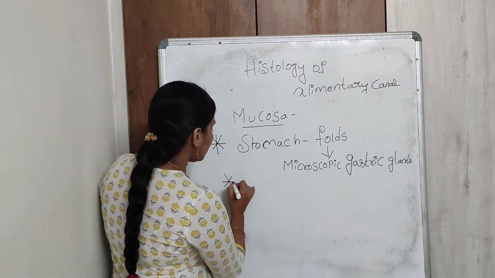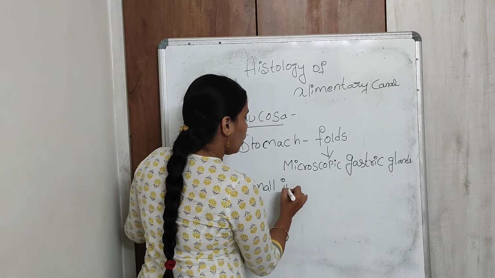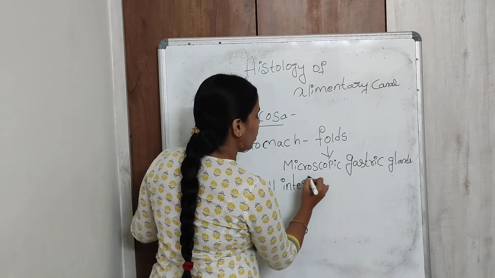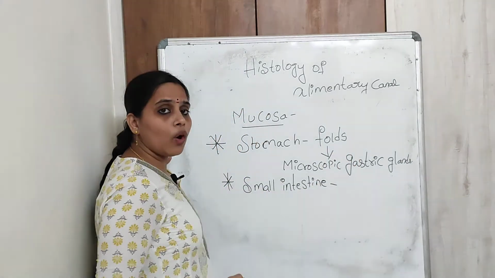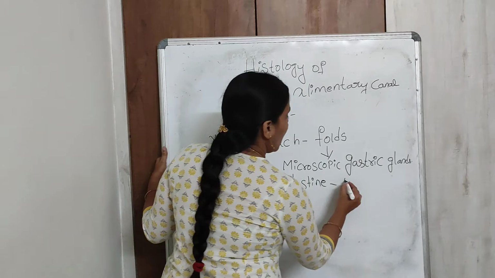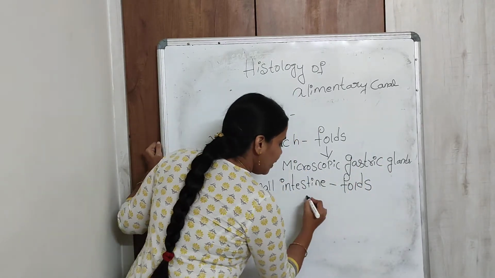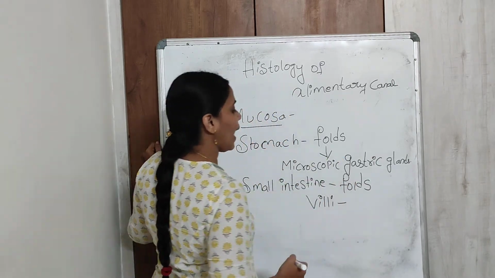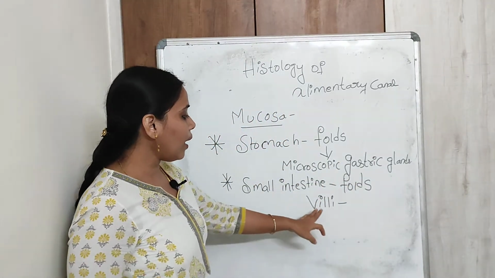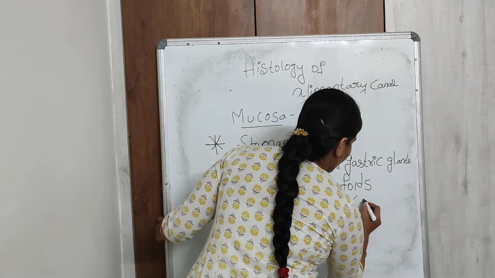And the mucosa present inside the small intestine also has some folds, children. And these folds contain villi, the finger-like projections known as villi. The villi are lined by columnar epithelium.